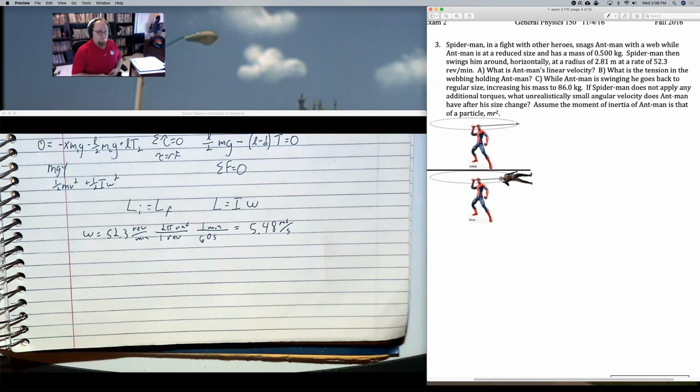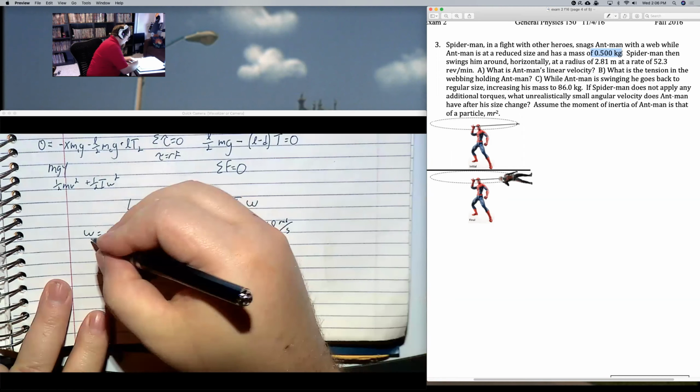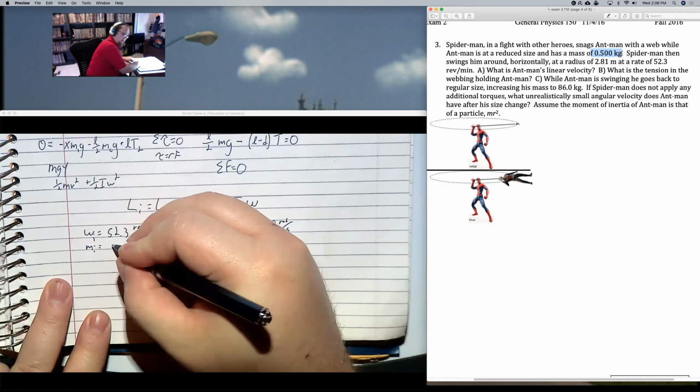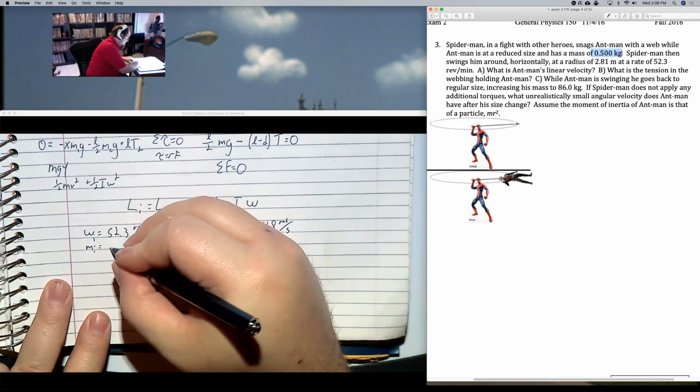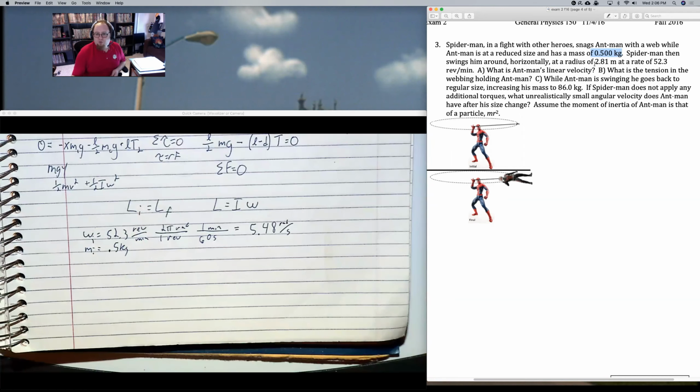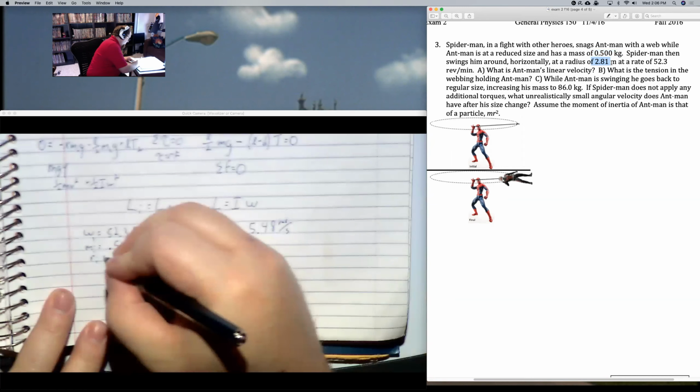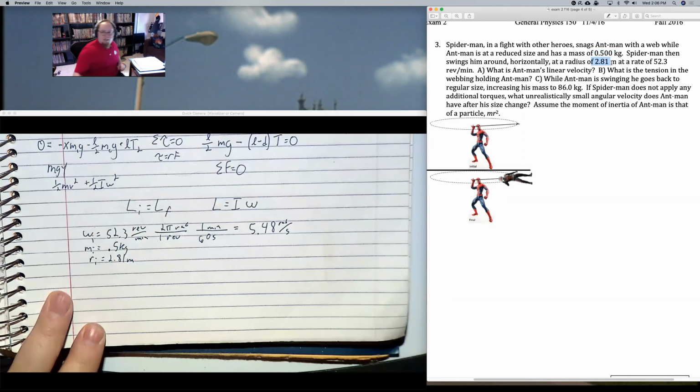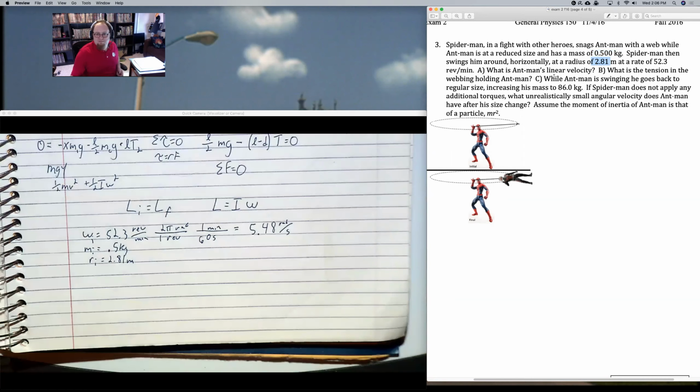So what we're saying is Ant-Man has this mass. I'm going to call this initial because things are going to be changing. I'm getting ahead of myself, but I know where I'm going. Has a mass of 0.5 kilograms and is swung around at a radius of 2.81 meters at that speed.